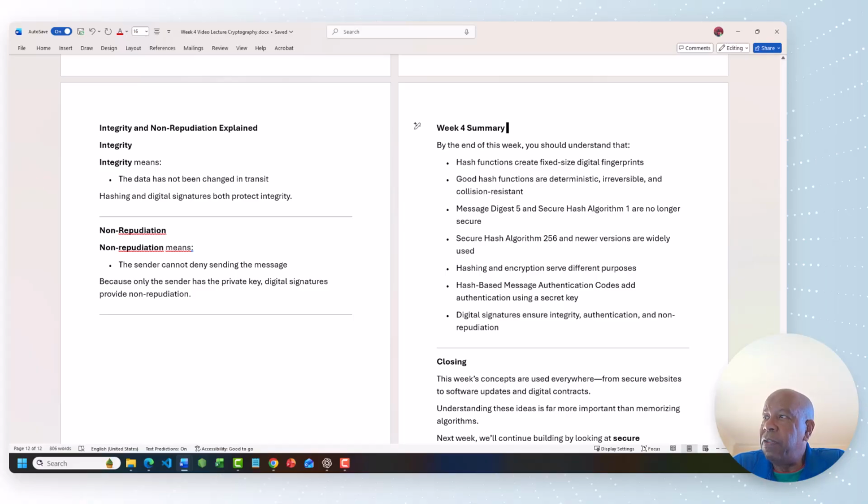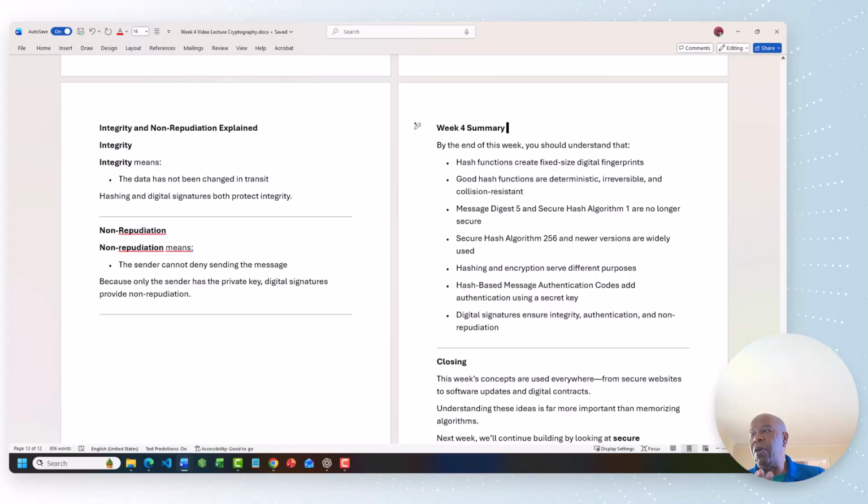Good hash functions are deterministic, irreversible, and collision resistant. Message Digest 5, MD5, and Secure Hash Algorithm SHA-1 are no longer considered secure. SHA-256 and newer versions are widely used.